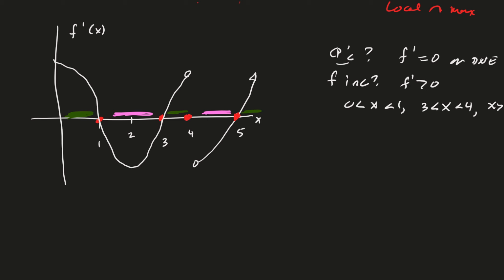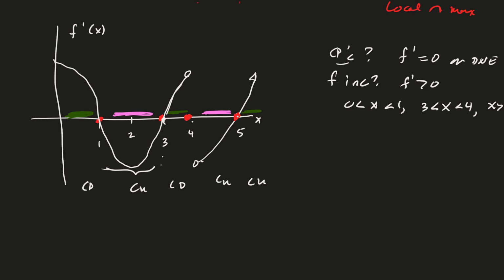Sorry about that, my curve disappeared there for a minute. Okay, so it looks like from 0 to 1, the curve is concave down. And then from 1 to 3, it looks like we're concave up. Right, and then from 3 to 4, it looks like we're concave down. And then from 4 to 5, we're concave up. And then from 5 on, we're also concave up.